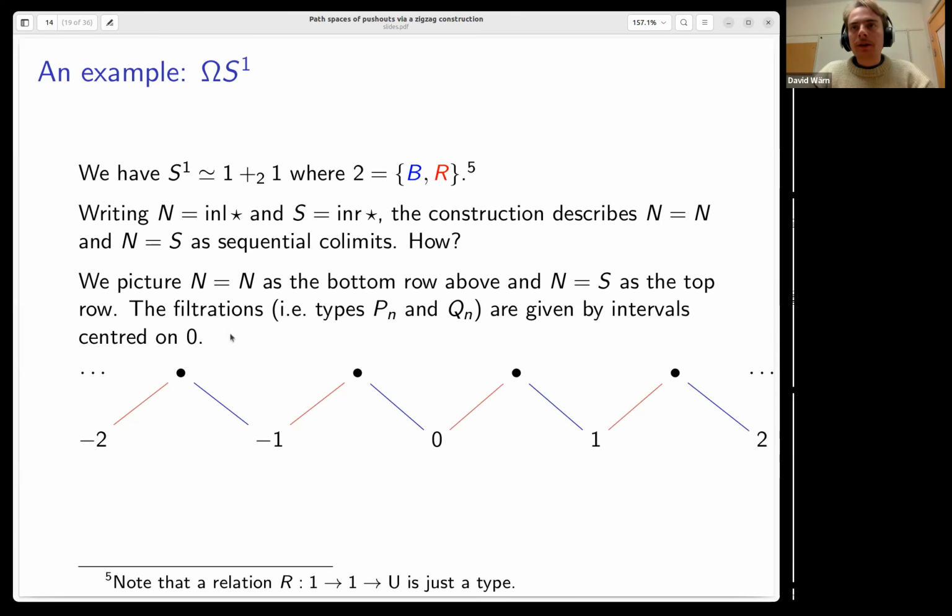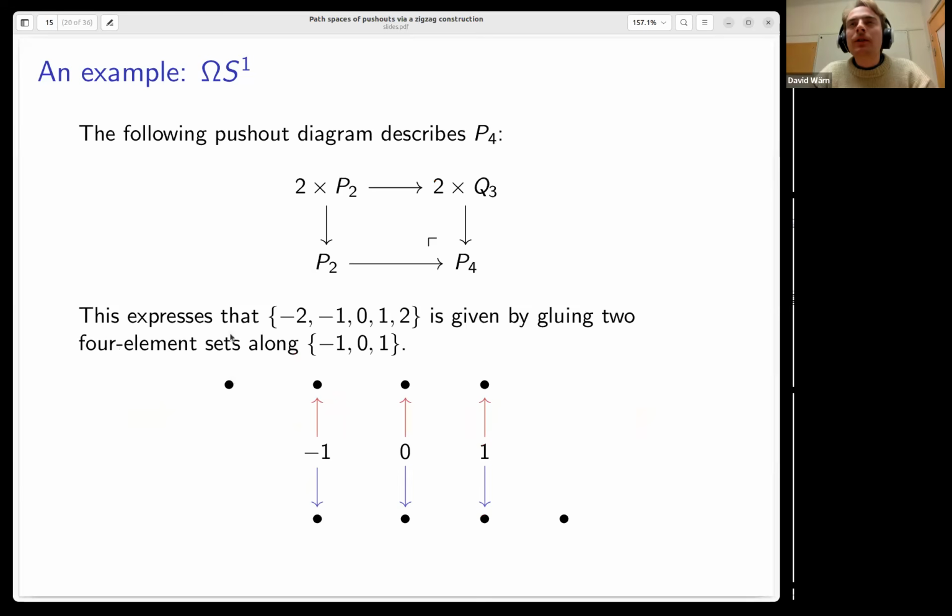So this is what I claim, and exactly how does this happen? I'll show a picture which describes how P4 shows up. I claim that P4 is a 5-element set containing -2, -1, 0, 1, 2. Essentially by definition, and having simplified the pushout diagram a bit, it's given by this pushout diagram, and you can picture this as you have two copies of Q3.